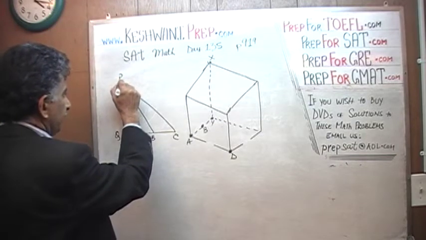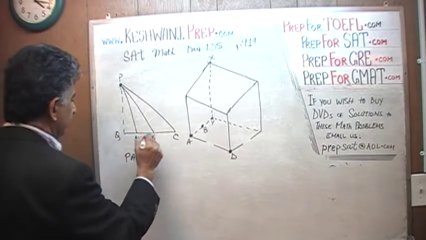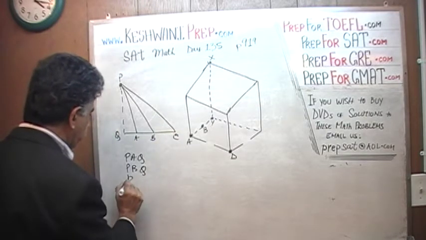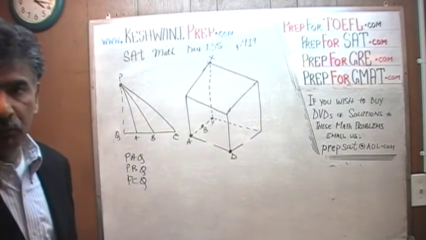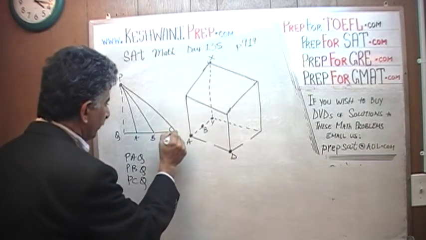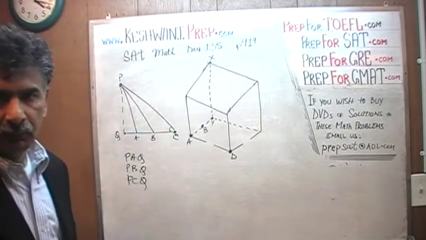The angle PAQ, or PBQ, or PCQ? You should be able to see that this is the smallest angle because point C is the farthest away from point P.